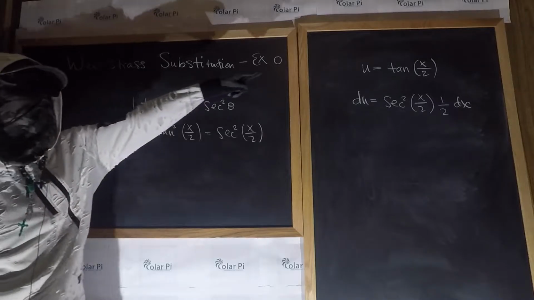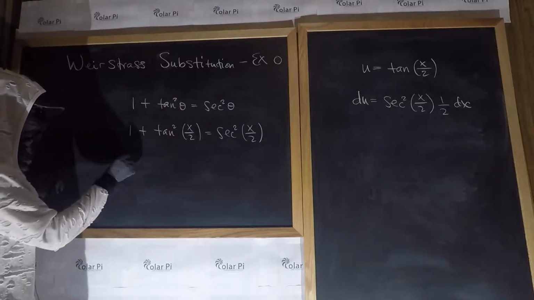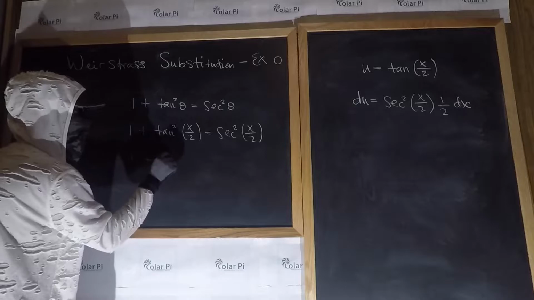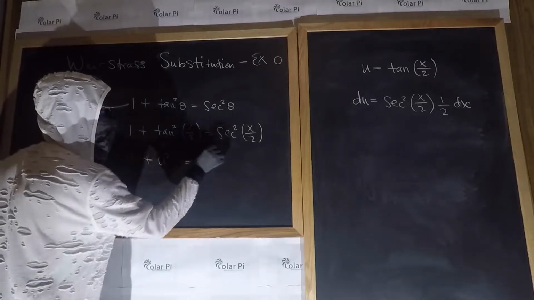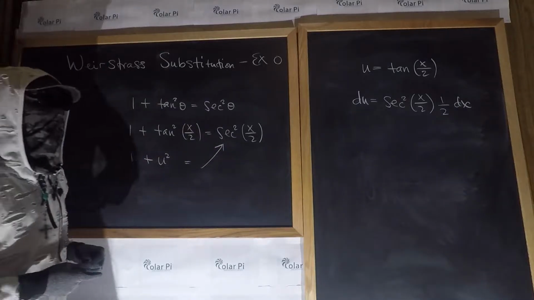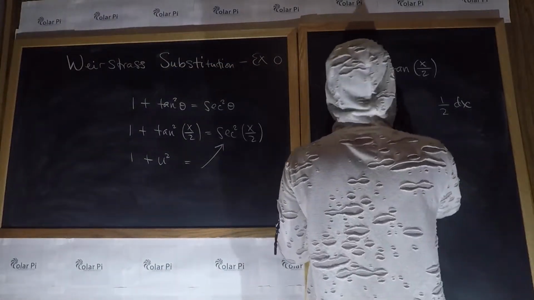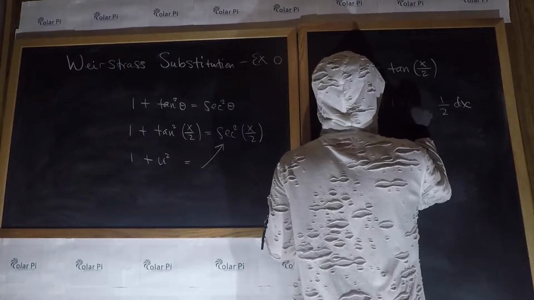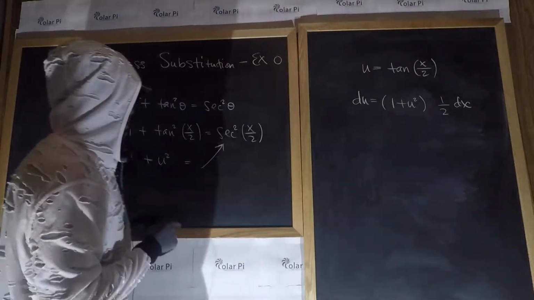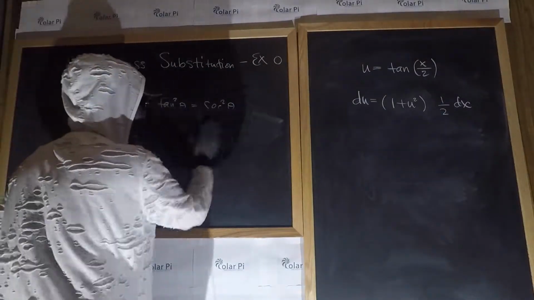But then tan x over 2 in the Weierstrass substitution is u, so that means 1 plus u squared is equal to secant squared x over 2. So I can replace this secant squared x over 2 with 1 plus u squared. Got it. And I don't need this anymore.